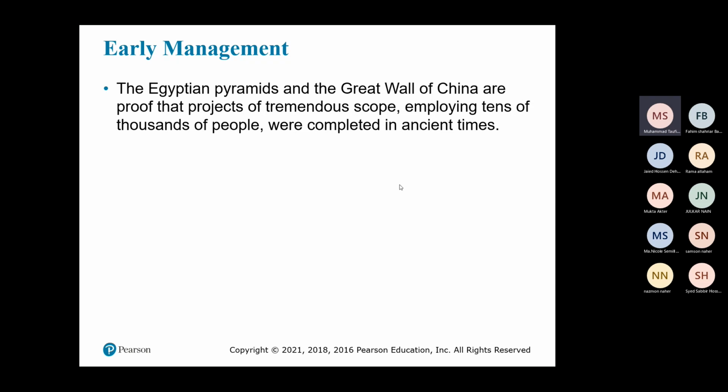For example, the Egyptian pyramid, the Great Wall of China, the Stonehenge. All those monuments or projects that happened thousands of years ago cannot be created without the effort of many people, thousands of people, even millions of people. So how to manage the people?